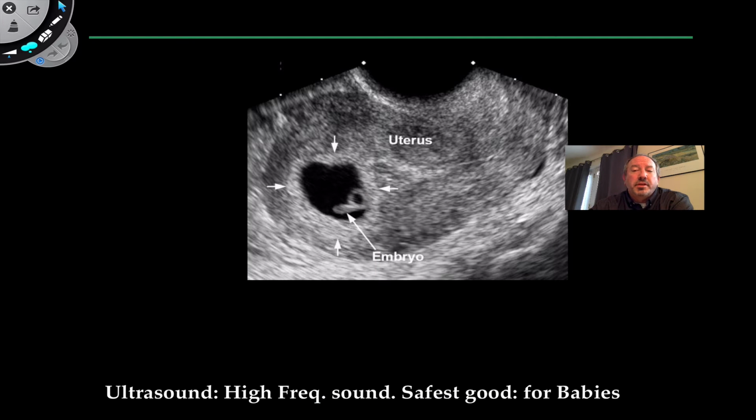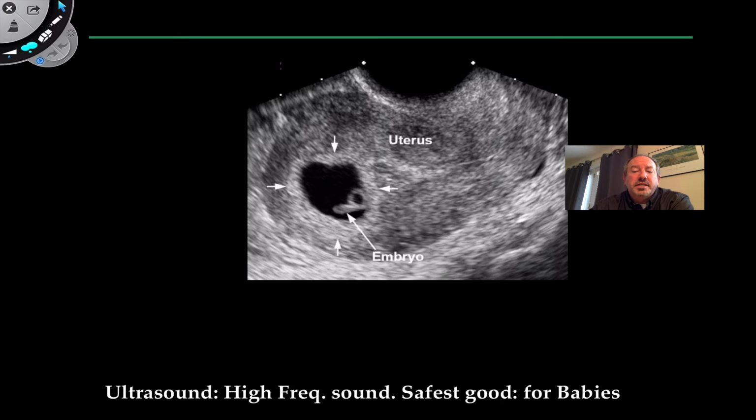Fast forward to the future, we now have incredible technology that lets us peer into the body and actually see. We have x-rays, we have ultrasound. This is an ultrasound image of a pregnant woman. You can see the uterus and the little embryo inside.